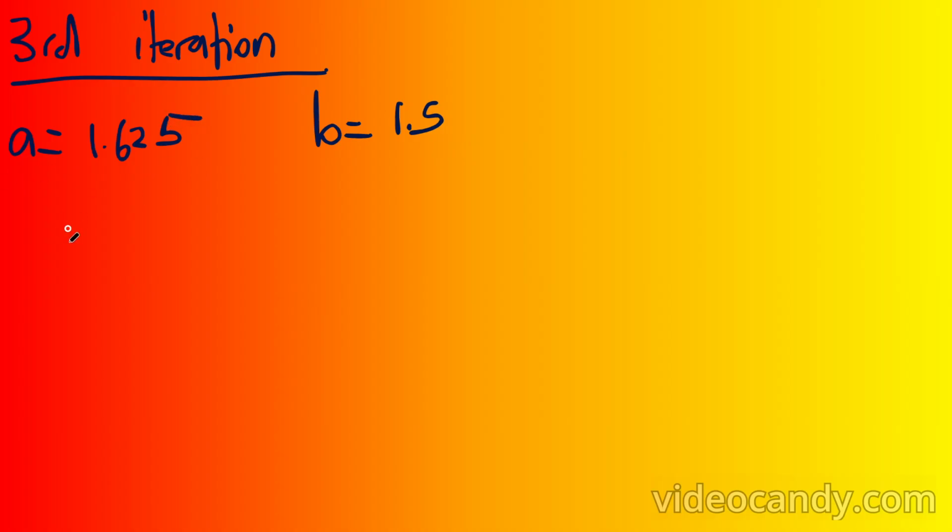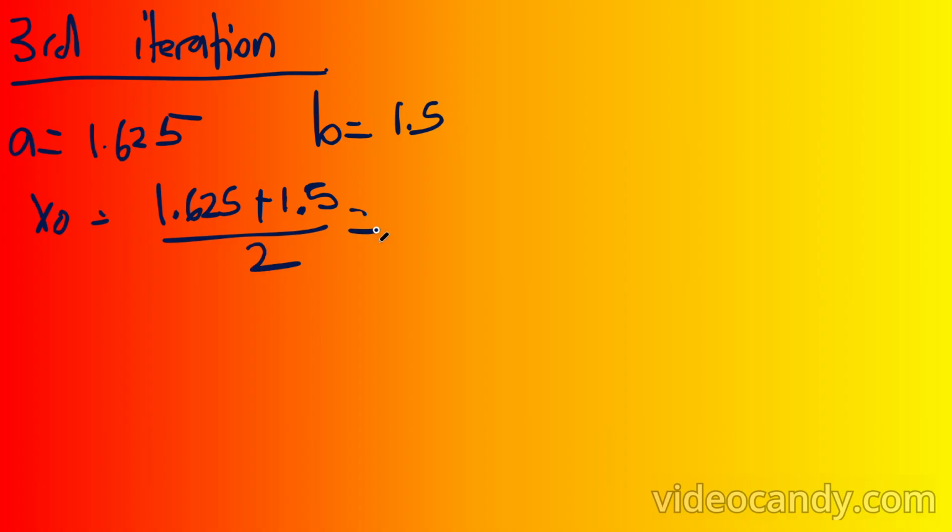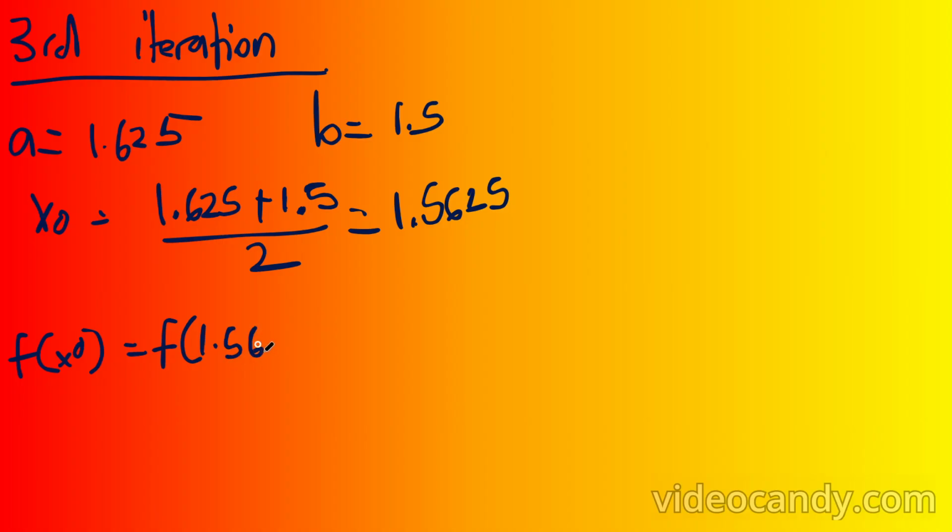So x0 is (1.625 plus 1.5) divided by 2, and the answer is 1.5625.